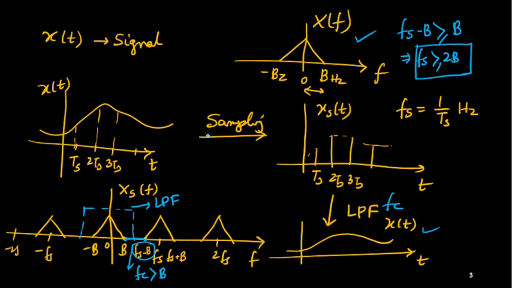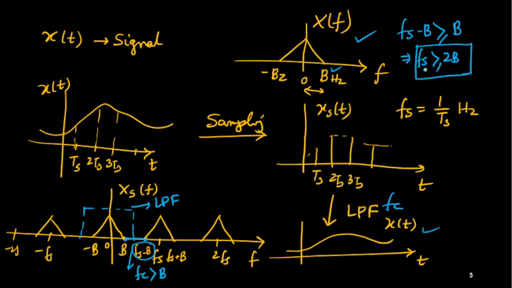So I need to understand the bandwidth of the original signal. If I take double of that bandwidth, I'll get the Nyquist sampling rate. That's simple. Now with this concept, we'll try to solve the problems. It's not very difficult. If you understand Fourier series and Fourier transforms a little bit, you will be able to solve it.